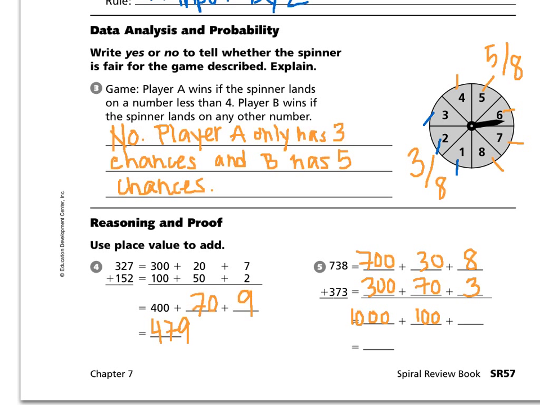And then I have 8 plus 3, which would be 11. Now thinking about that, I'm going to need to regroup a little bit. So you could add them vertically where you have 1,000 plus 100 plus 11, and go straight down in columns now, where your answer is 1,111. Show your work.